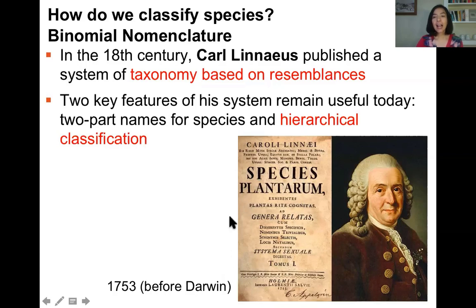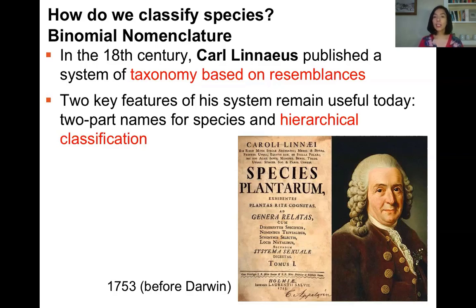So this is before Darwin, and Carl Linnaeus tried to classify species based on resemblance. We'll see that sometimes resemblance actually represents the evolutionary history, but sometimes it doesn't. So this is a tricky way to classify a species in some cases.